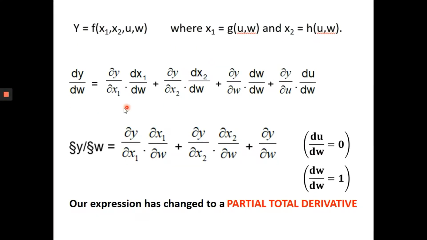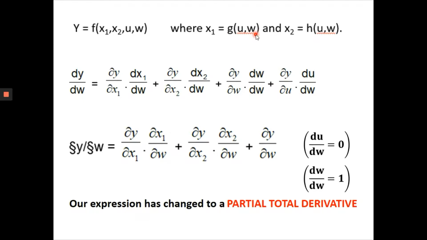So if we take what we had on the previous slide and just set it out here so that we can continue working with it, there's a couple of things that we have to do now. For starters, this here, dx1 over dw, needs to be written with a partial sign, because to calculate this, we are going to be working with this function here.